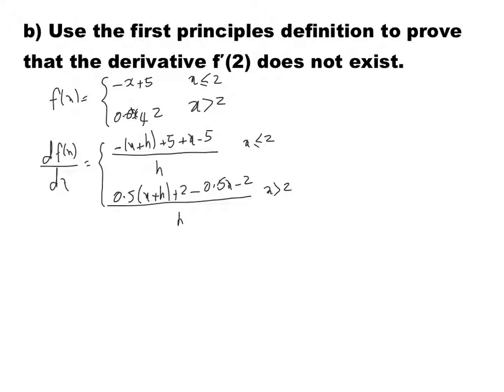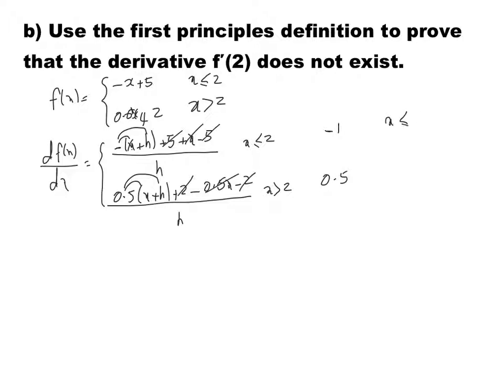This is going to be simplified. If I distribute the negative inside, I get negative x plus x, they cancel each other. 5 and -5 cancel, so I get negative h over h, which is going to be -1. For the next one, I distribute 0.5 inside, so 0.5x minus 0.5x gives me 0, 2 minus 2 gives me 0, and then I get 0.5h over h, which is going to be 0.5.